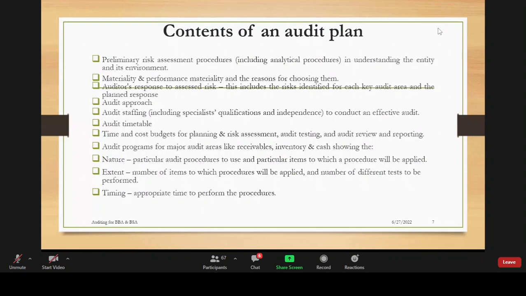It looks at the nature of the procedures you're going to look at, what items you are going to look at, when you are going to perform your procedures. Sometimes you have to fit into the time of the client that you are auditing. So basically, the whole plan should rotate around you being in a position to perform your job diligently with the objective of obtaining sufficient and appropriate audit evidence.